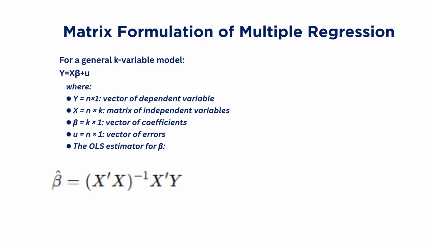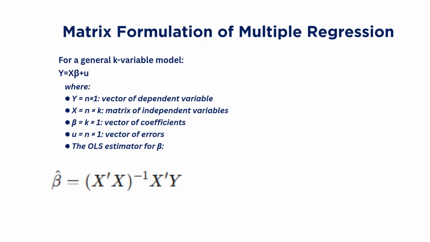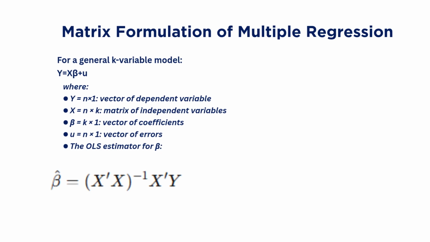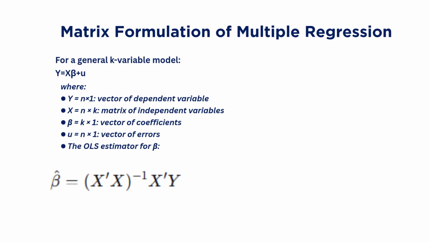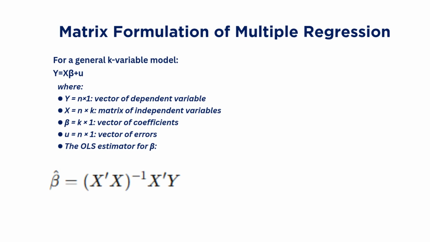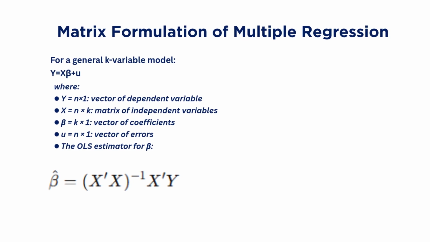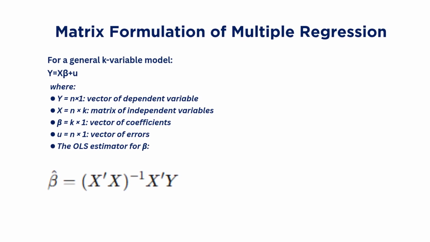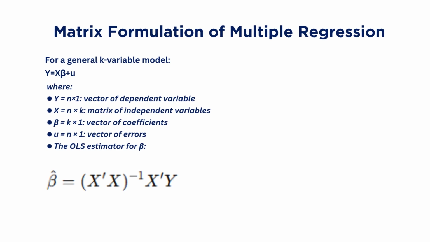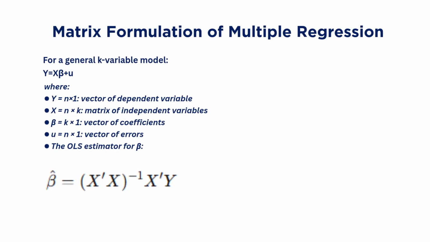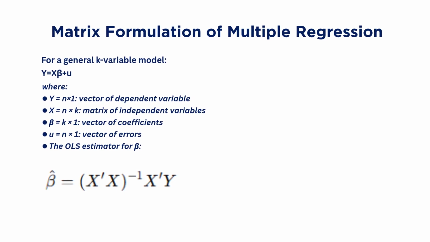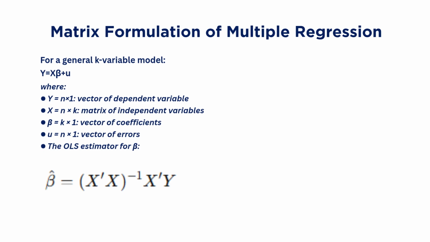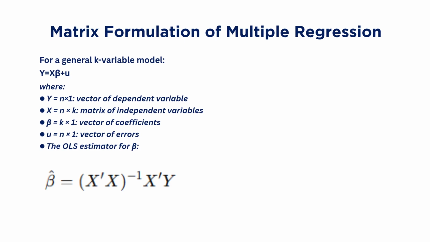Beta is a k by 1 vector of coefficients, and u is an n by 1 vector of errors. The OLS estimator beta hat is equal to (X dash X) whole inverse into X dash y.